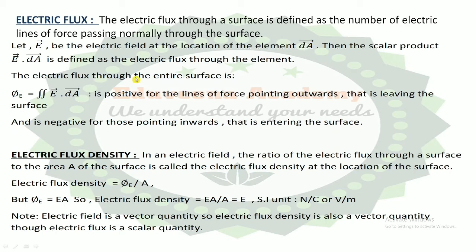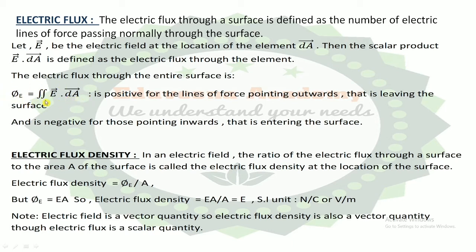So what will be the total electric flux through the surface? It is basically the surface integral of this scalar dot product. So the total area is A, say, then the surface integral on that whole surface where the integrand is E dot dA gives the total electric flux through that surface. So phi is basically the double integral or surface integral over E dot dA.